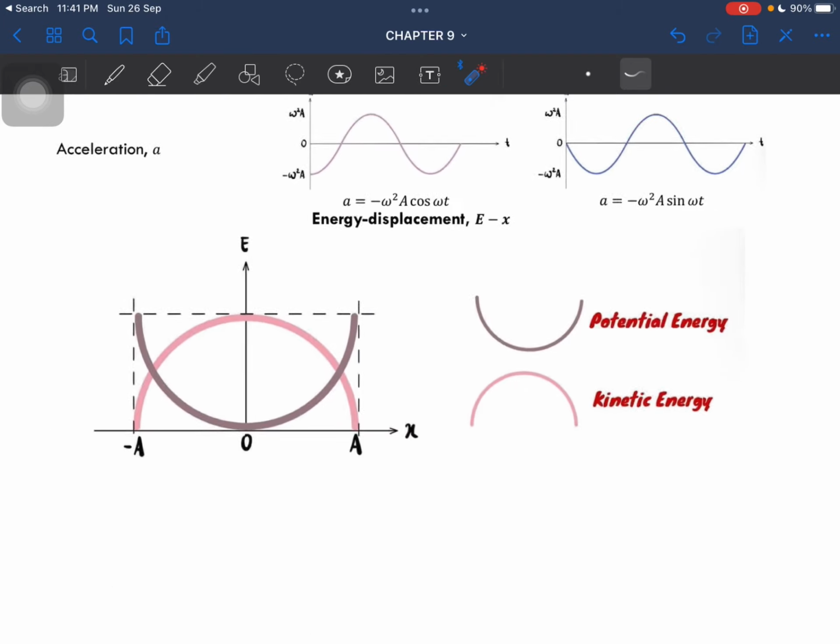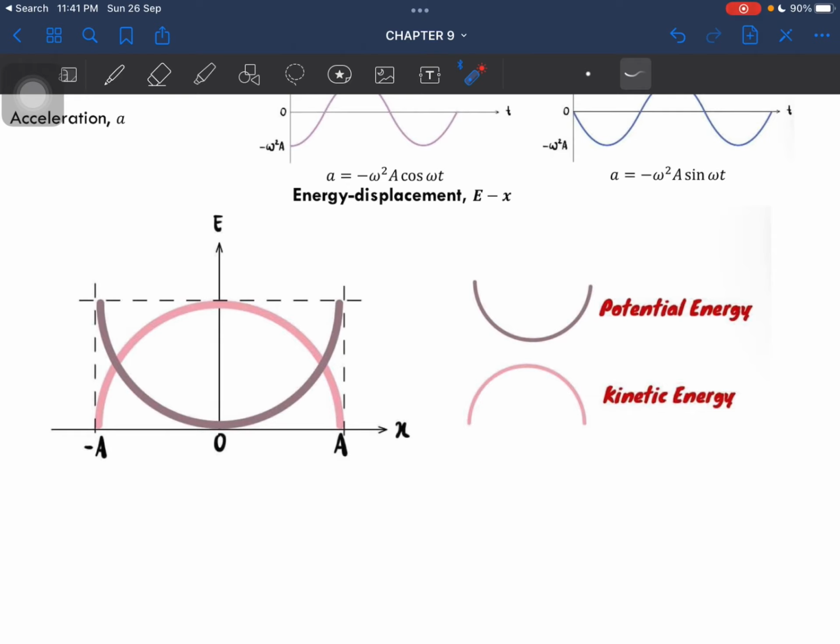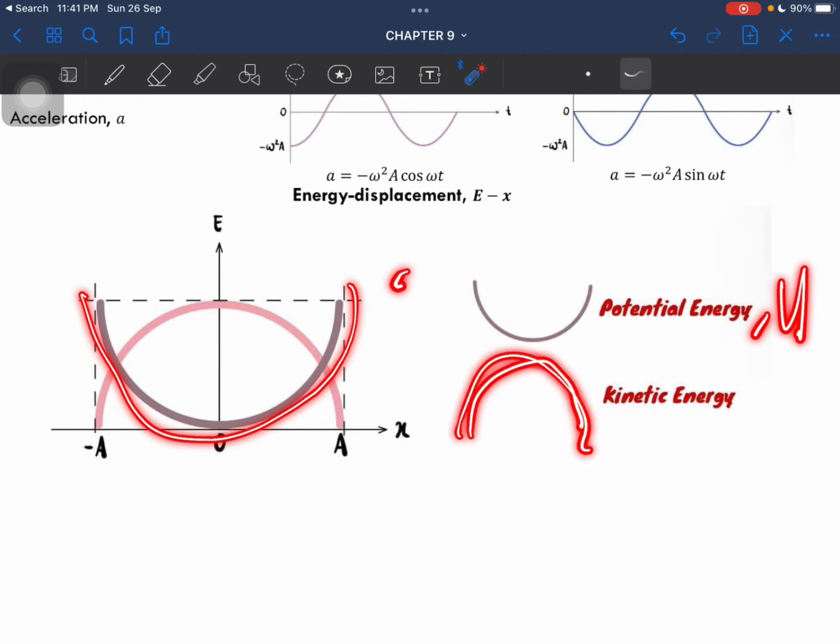Okay, right, so lastly, you also have to be able to draw this energy displacement graph. Make sure when you are drawing this, you have to label it. Okay, so U is for potential energy. Potential energy also starts with U, so that is easy for you to memorize. And then for kinetic energy, it is the N shape, so this is for kinetic energy.